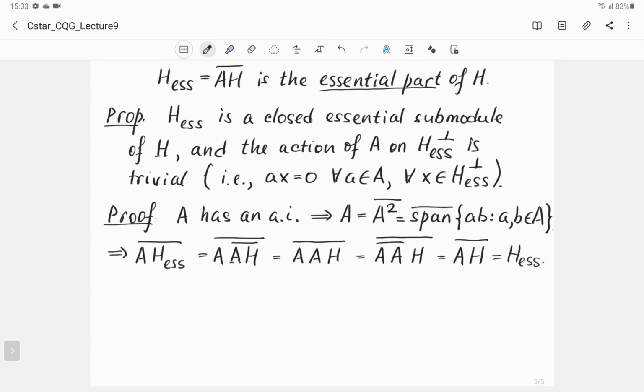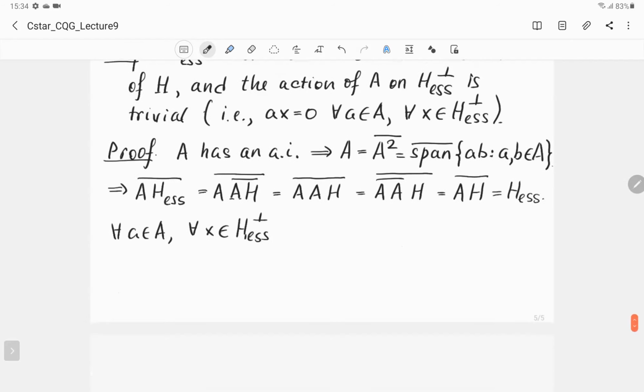Okay, finally we have to show that the action of A on the orthogonal complement is trivial. Well, we take an element a in the algebra and an element x in the orthogonal complement of the essential submodule. And we calculate the inner product of ax by itself. So what is this?